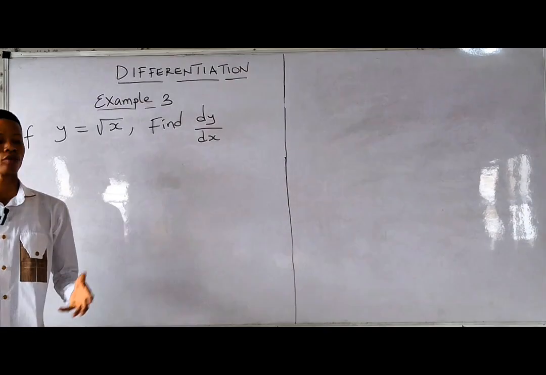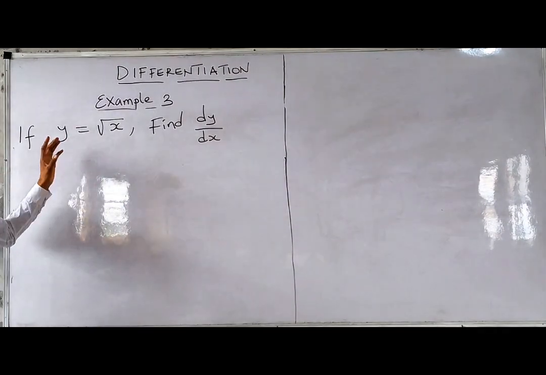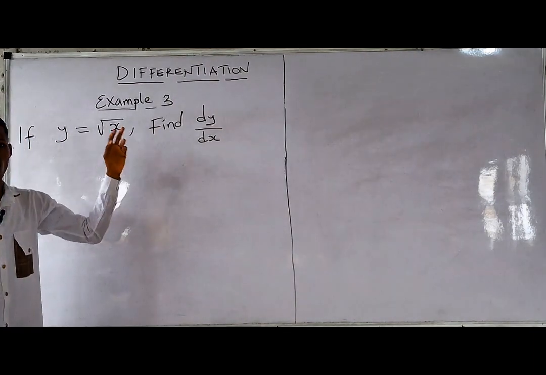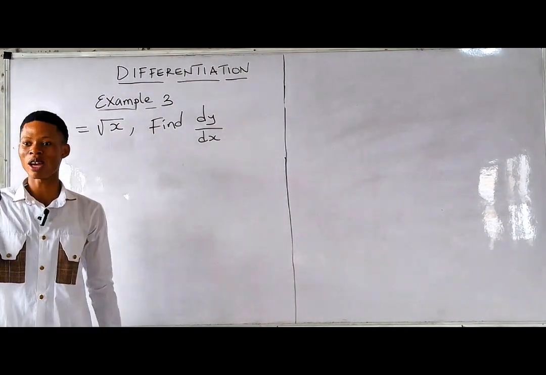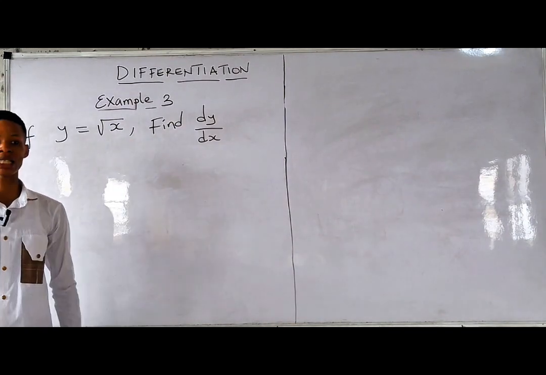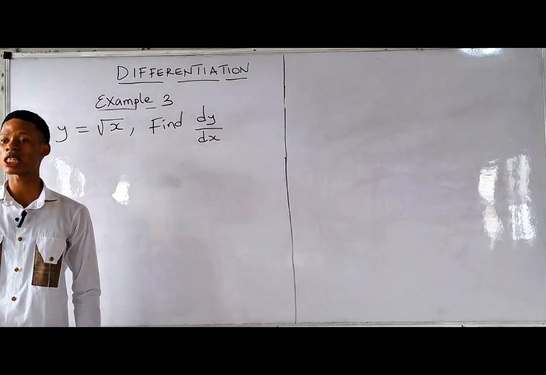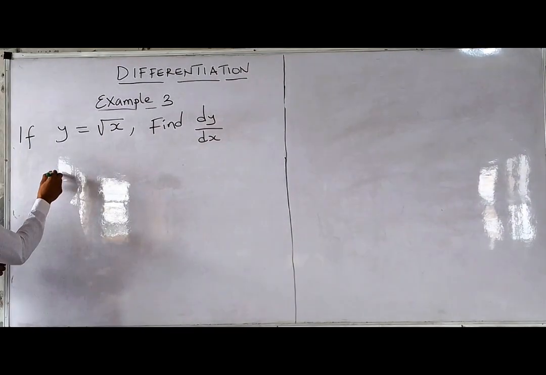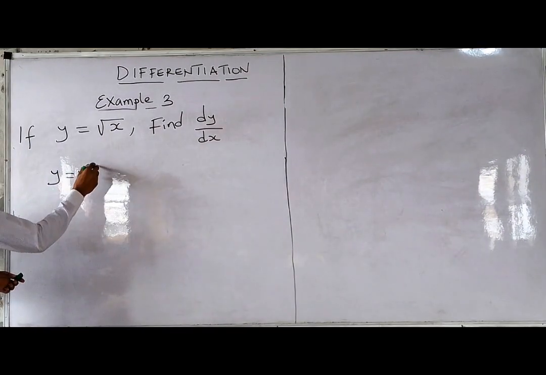Alright, so in this case, example 3, if y equal to root x, find dy over dx. Please go and watch my video on indices because that's what we are applying here. That indices class, I told you, we will be applying indices in all the topics in mathematics. Now, y equal to root x.